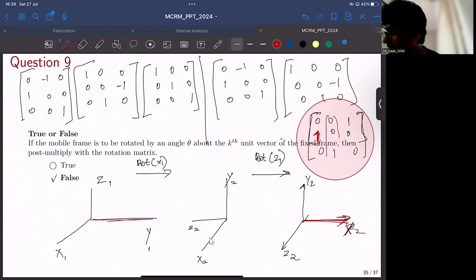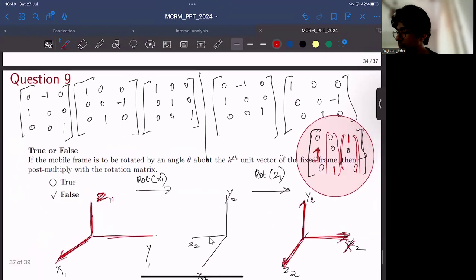And the second column says the new y-axis, y2, is parallel to the old z1 axis. And the third column says the new z-axis is parallel to the old x-axis.